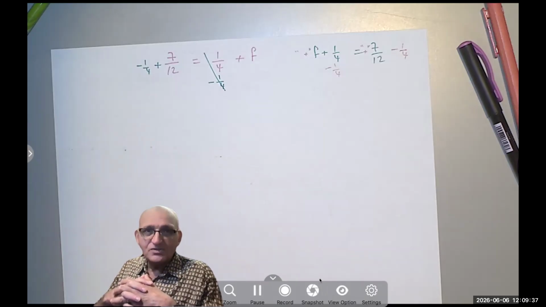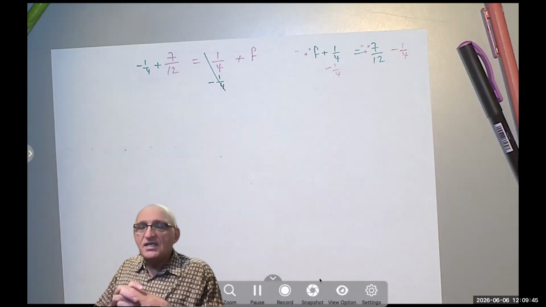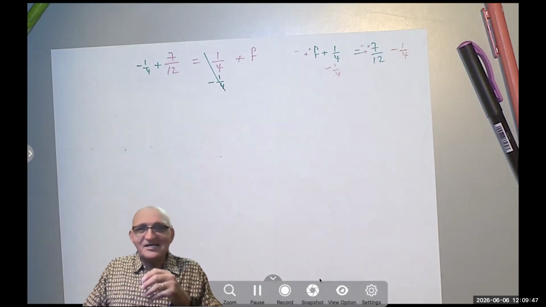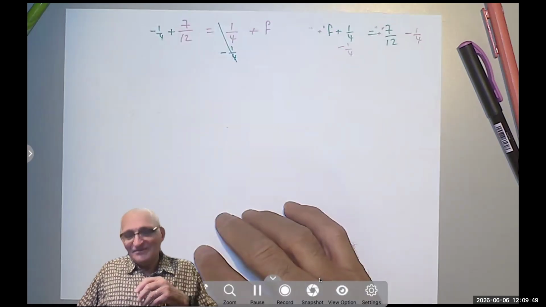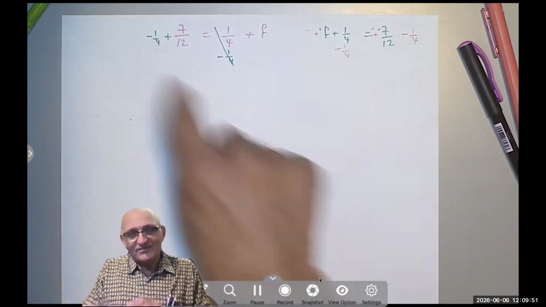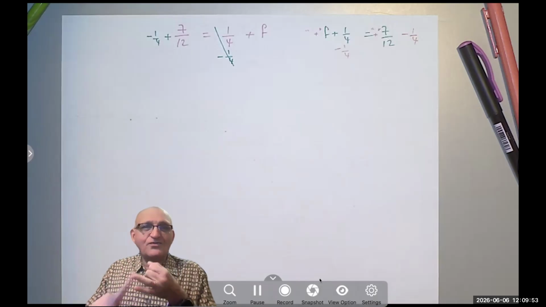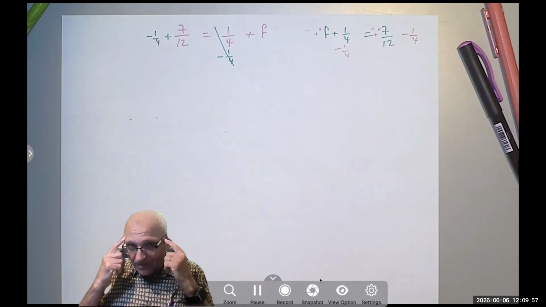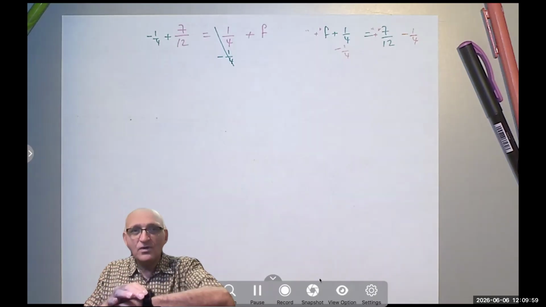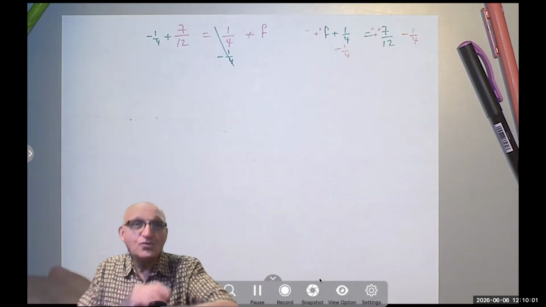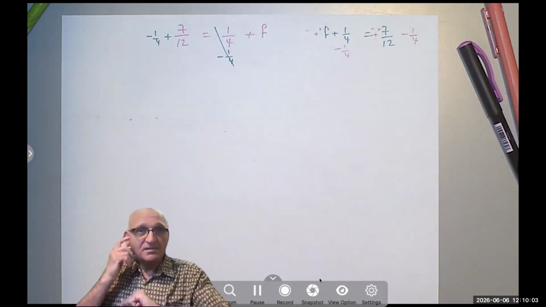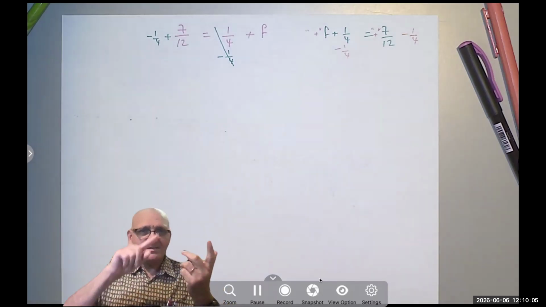Yes, we use the least common multiple of 4 and 12. Luckily, it's 12 because 12 is divisible by 4. If you are old like me, every time I see numbers that have a denominator of 2 or 3 or 4 or 6 or 12, I always think of my wristwatch, because it was divided that way.